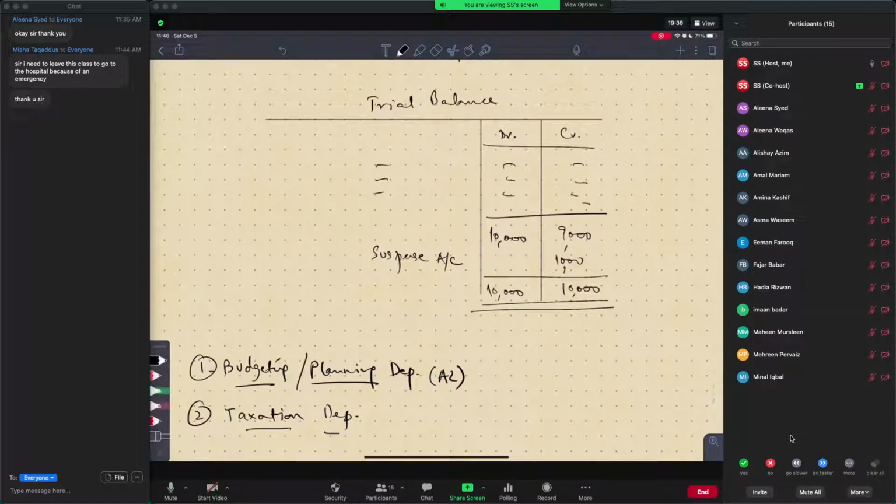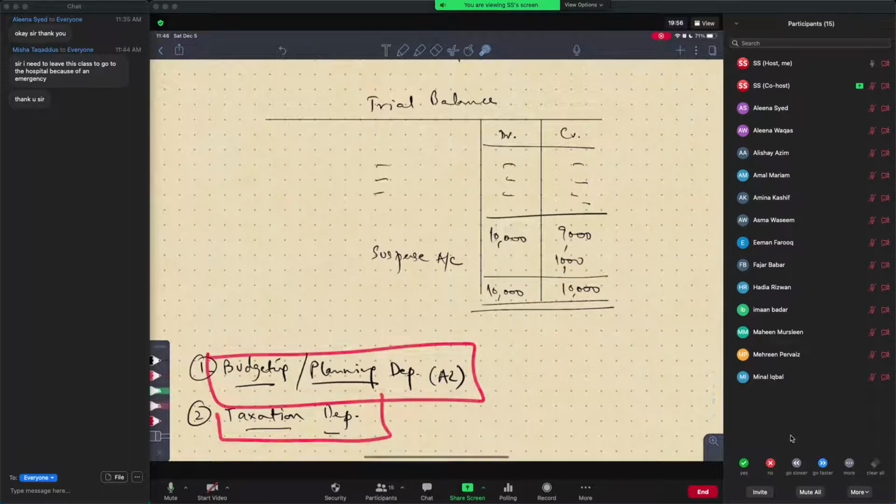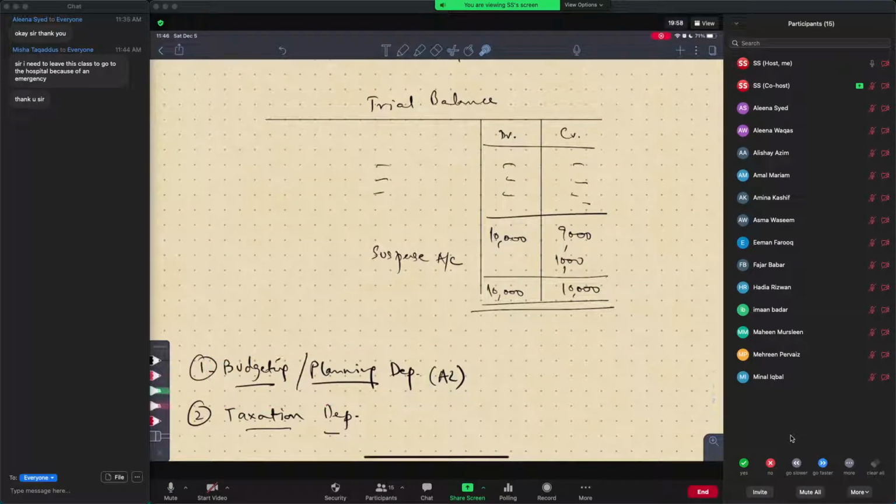It's not correct, we know. The inclusion of suspense account means something uncertain and something potentially wrong in the trial balance. But we do so just because we don't want our internal planning department and external tax department to hold their work indefinitely.